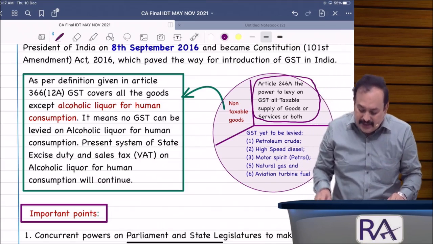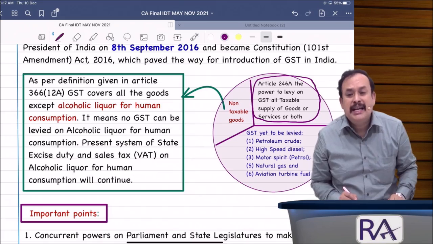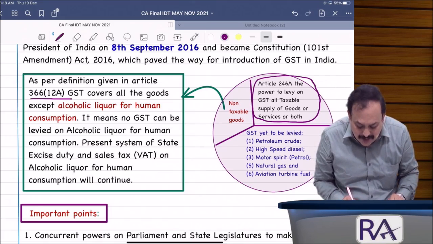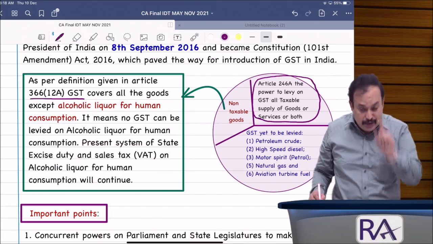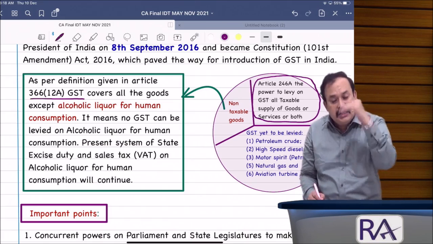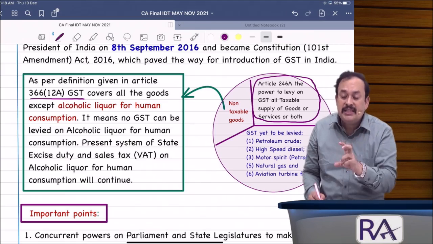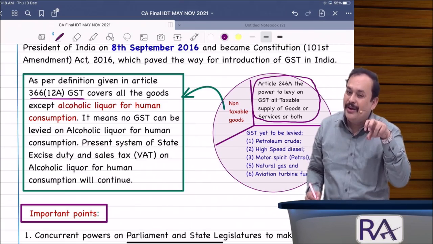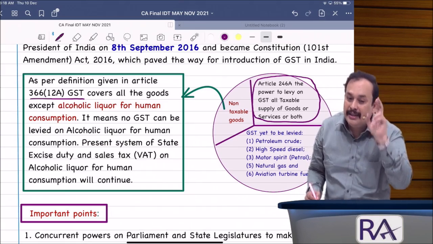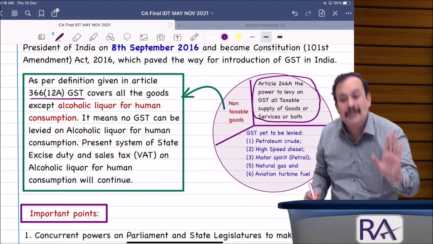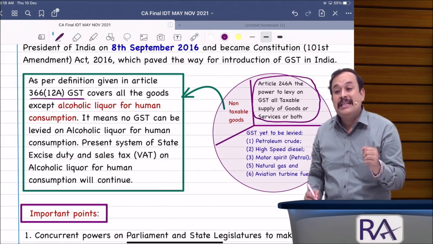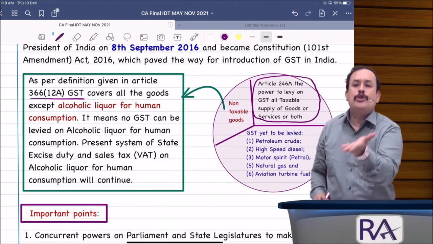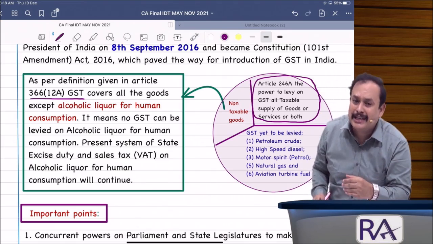Article 366, sub-article 12A of the Constitution of India very clearly says that GST cannot be levied on supply of alcoholic liquor for human consumption, which means what? It is a non-taxable supply. If the Government of India tomorrow decided to levy the GST on liquor, it is not possible.